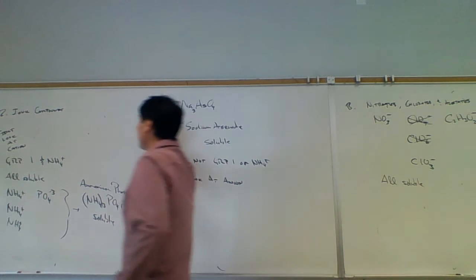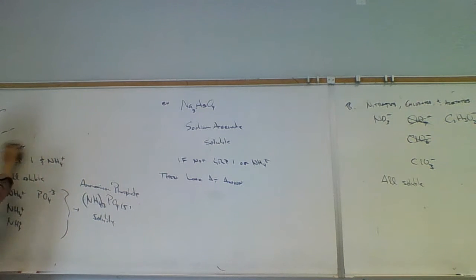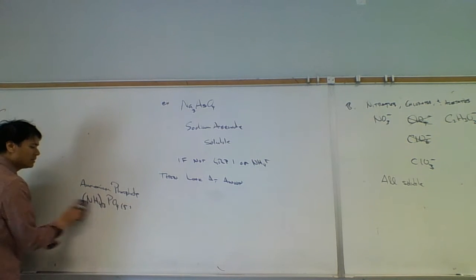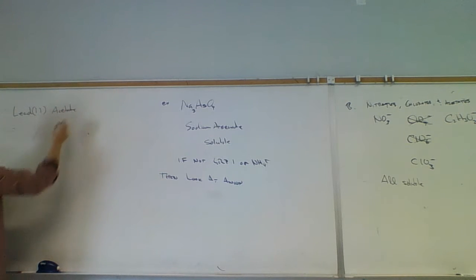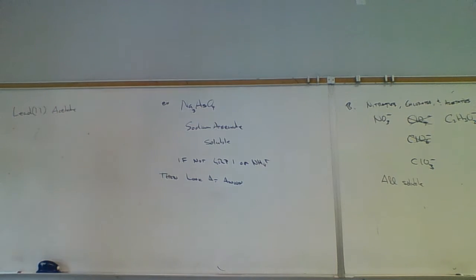And so it doesn't matter what the cation is. Let's take a look at some. Let's look at lead-2 acetate. What's the formula for lead-2 acetate? Mercury 1 is a weird one, but lead-2 is normal.